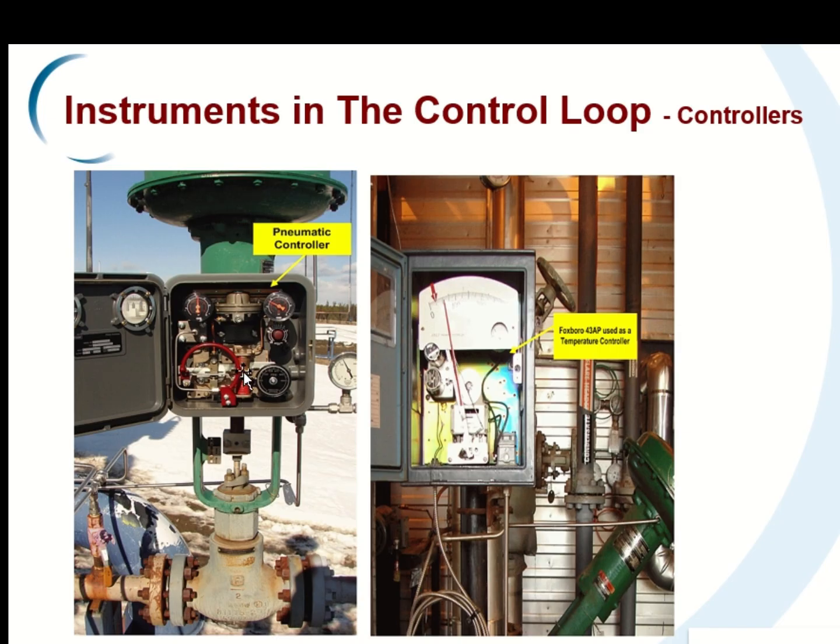I discussed earlier in this module that these control loops do not require displaying of a set point or access to the control variable in a centralized control. Figure 11C shows a Foxboro 43AP being used as a temperature controller. This is the trade name.